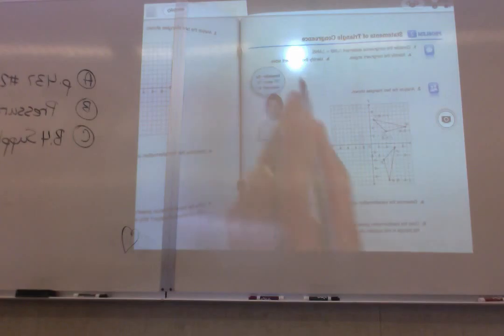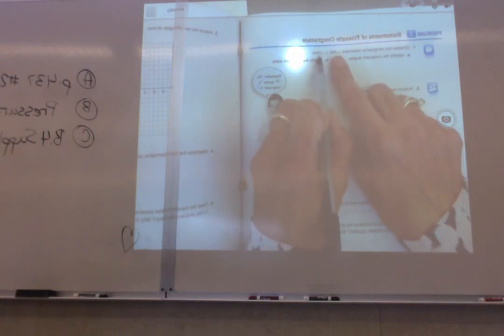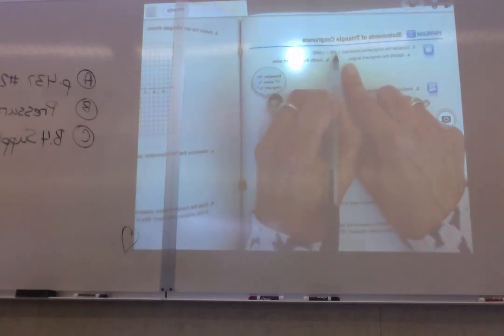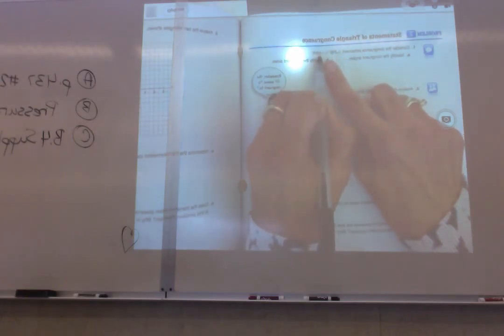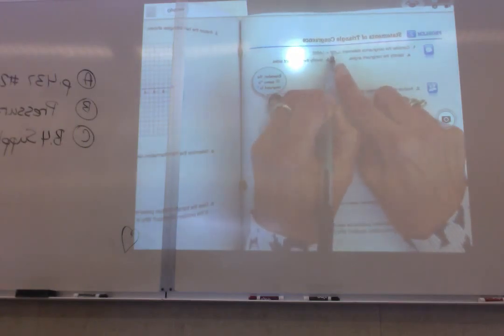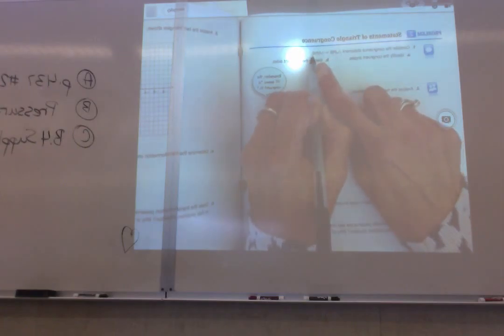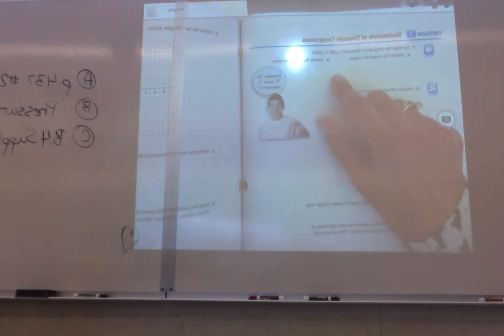Identify the congruent sides. Okay, the angles are pretty easy. When they name a triangle, they name corresponding parts in the same order. So J corresponds to M, R corresponds to N, and B corresponds to S. So by convention, they line the letters up in the same order that they match.